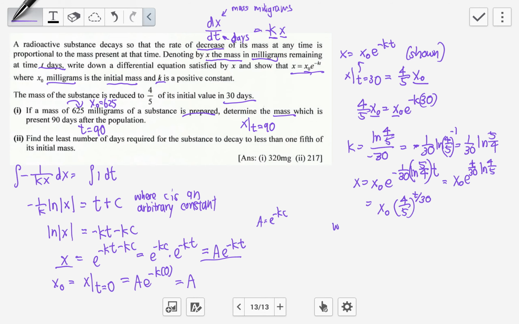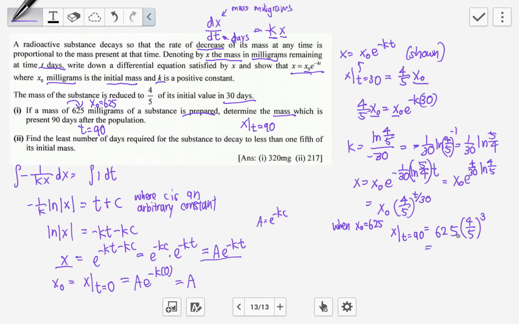So when x naught equals 625, x at t equals 90 equals 625 times 4 over 5 to the power of 90 over 30, which is just 3, and so the answer would be 625 times 64 over 125. 625 divided by 125 is just 5.